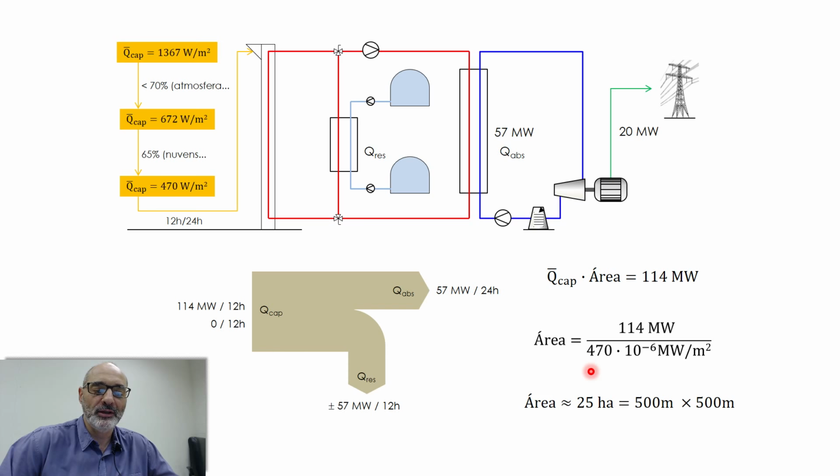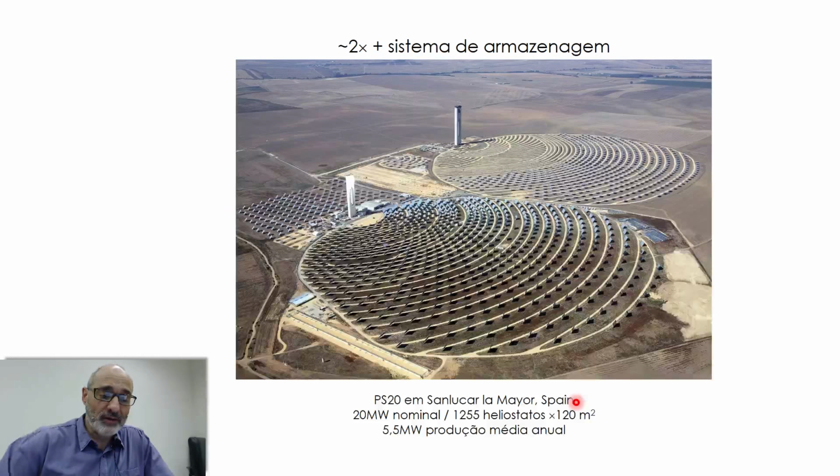Well, when we make the calculations, 114 divided by 470, we get an area of 25 hectares. Roughly an area of 500 meters by 500 meters. And this actually corresponds almost exactly to one of these units. This is a coincidence actually.